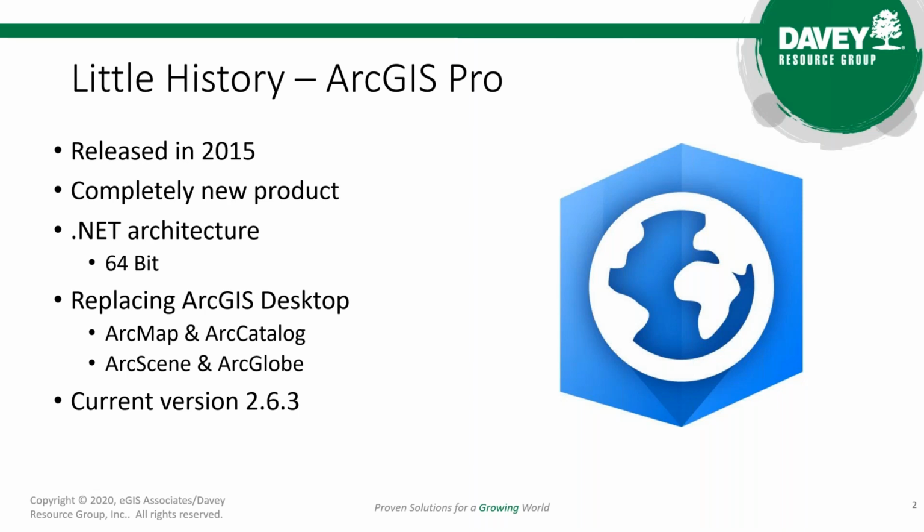The other thing to keep in mind here is this all has to run on top of something, and that would be your operating system. And because ArcMap and ArcScene and ArcGlobe are 32-bit, if Microsoft decides to pull support in the next version of Windows, for example, for 32-bit applications, then that's something Esri doesn't have control of.